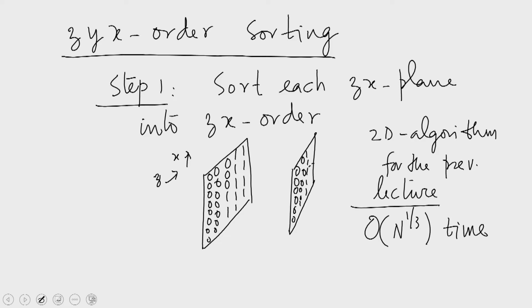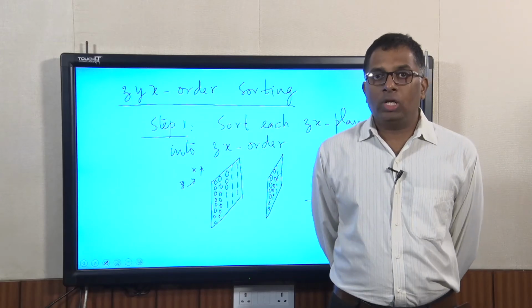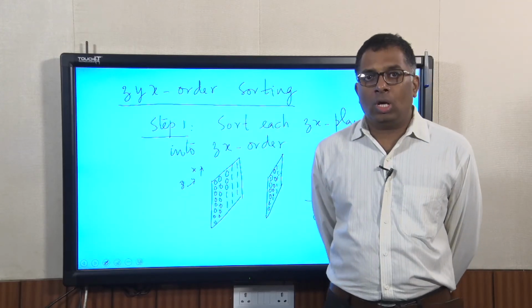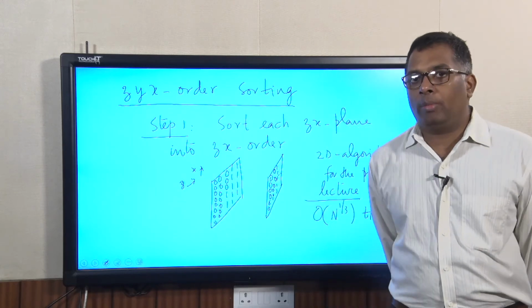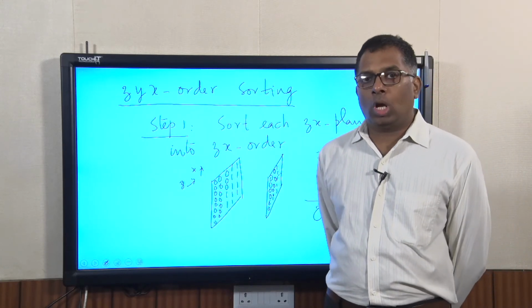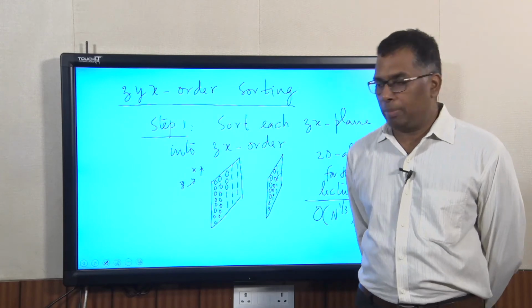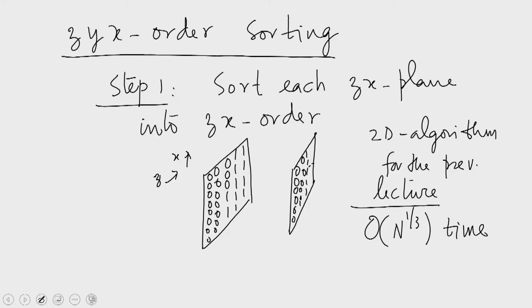So, in this case we are sorting n power 2 by 3 elements on each zx plane. Each zx plane is essentially an n power 1 by 3 by n power 1 by 3 two-dimensional mesh. So, the algorithm of the last class is exactly applicable. So, the sorting will be over in order of n power 1 by 3 time.